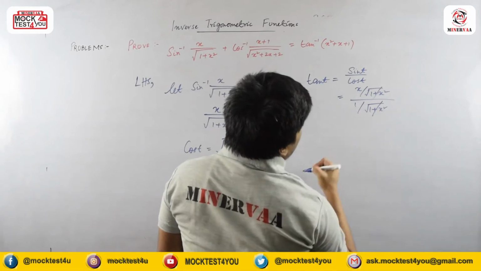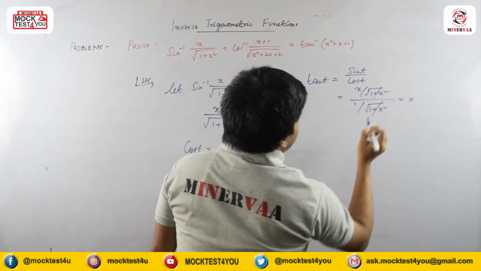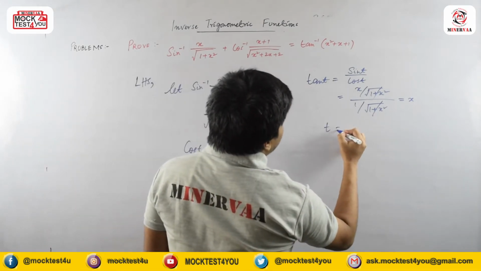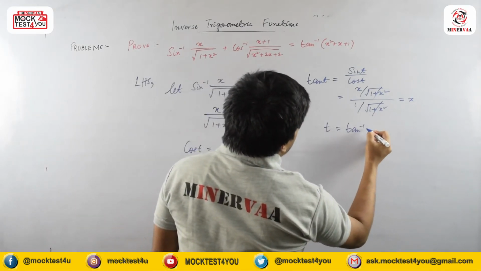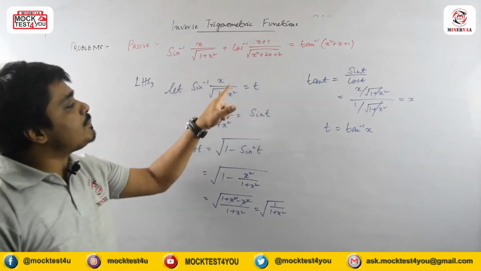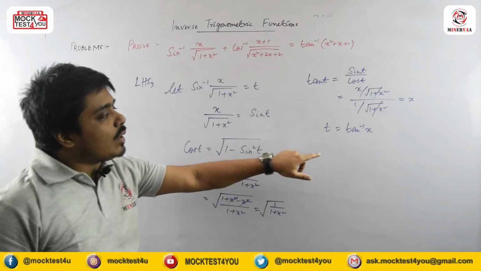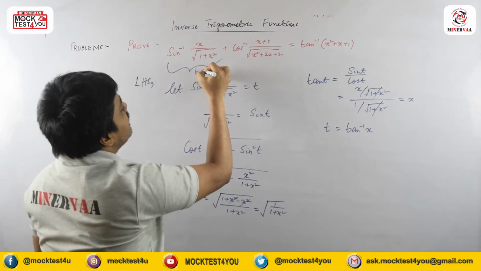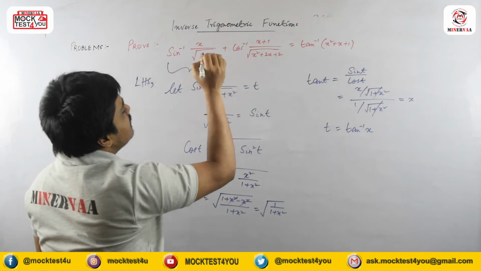So this one goes away. So we have x. Now if tan t is equal to x, so t is equal to tan inverse x. So in place of sine inverse x by root over 1 plus x square, I can write tan inverse x. So now we know the first one is nothing but tan inverse x.